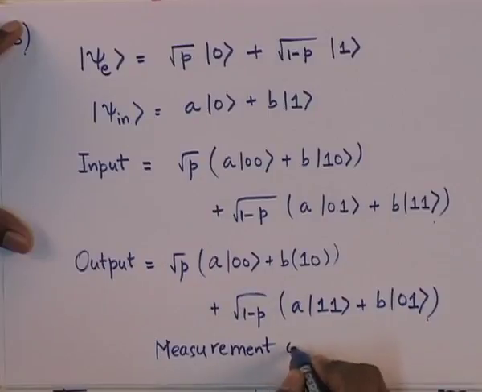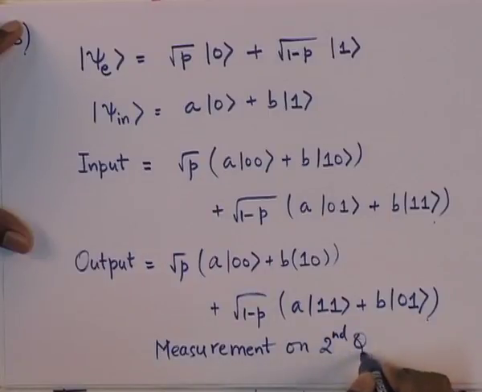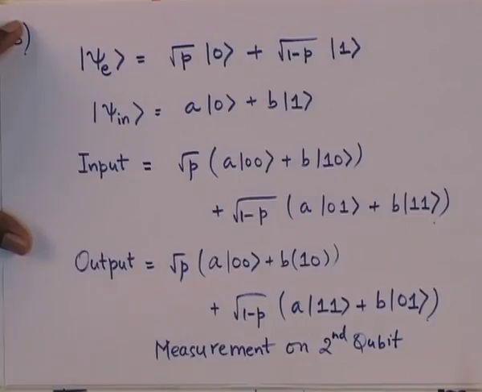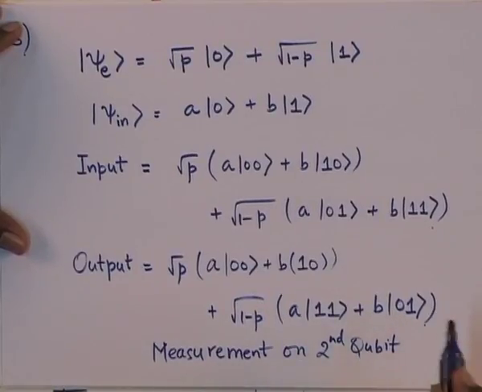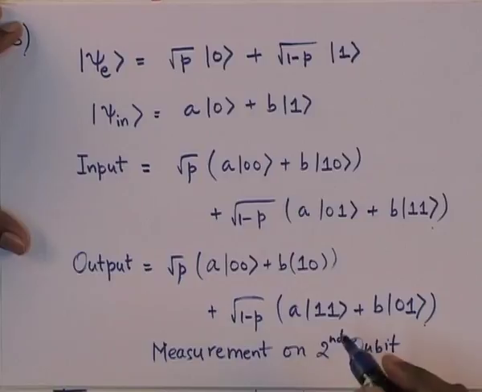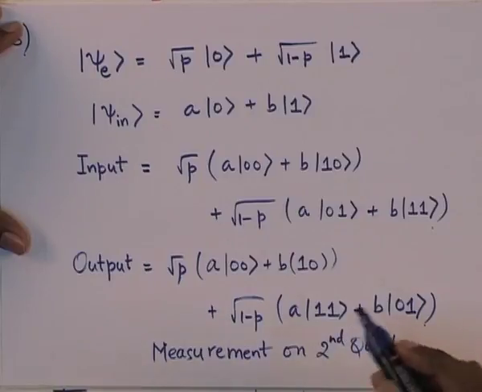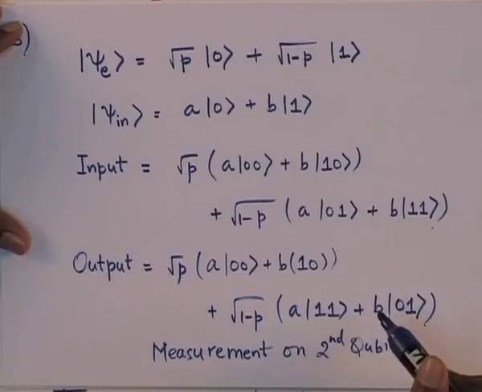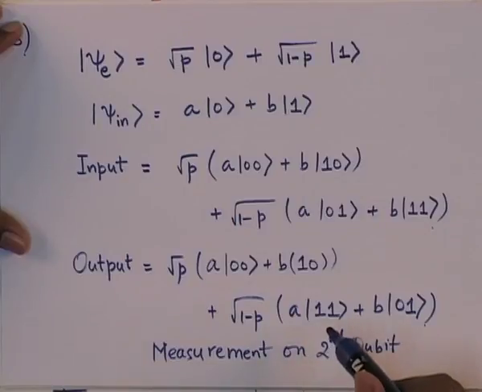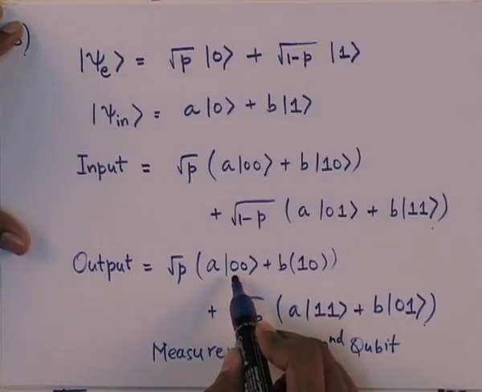If the second qubit measured turns out to be 1, then we see that the input bit gets flipped in the output, otherwise we see that the input does not change.